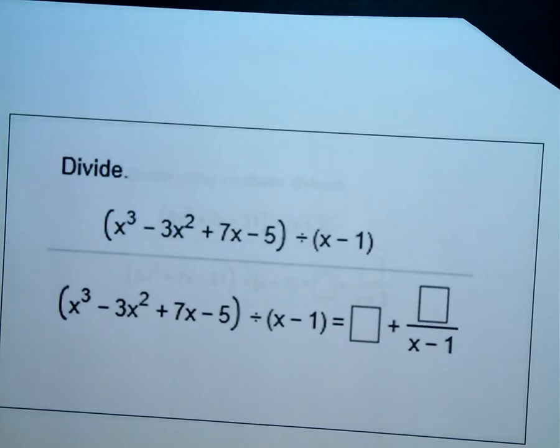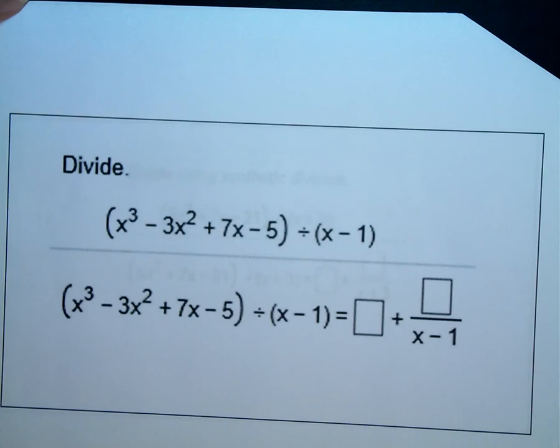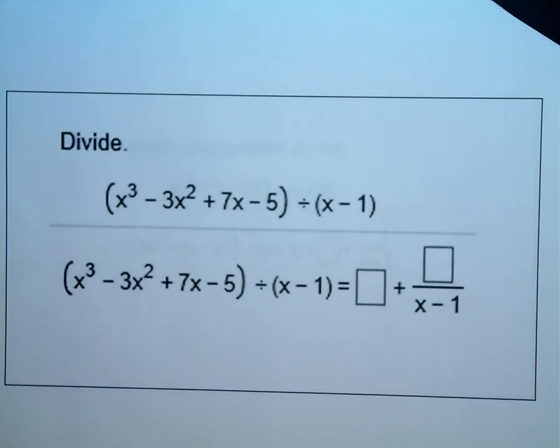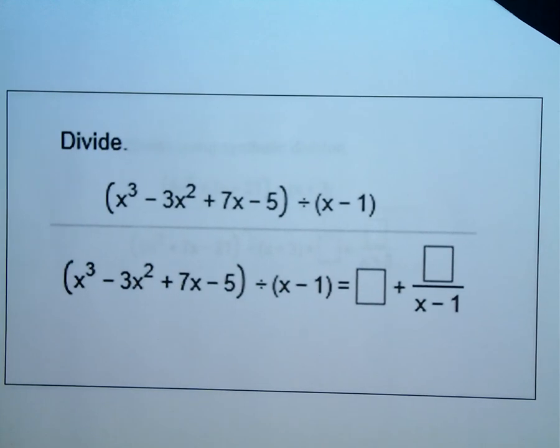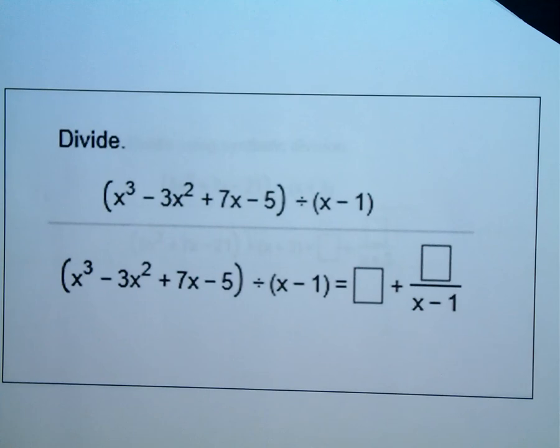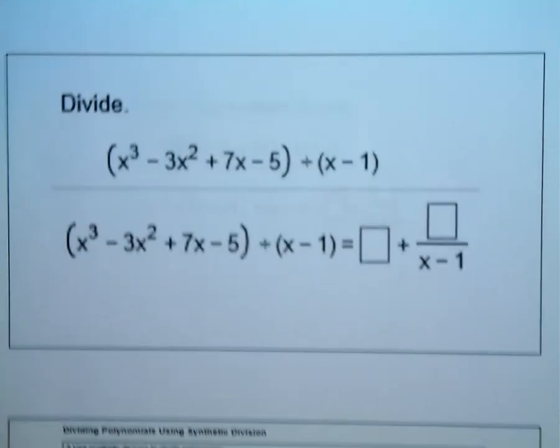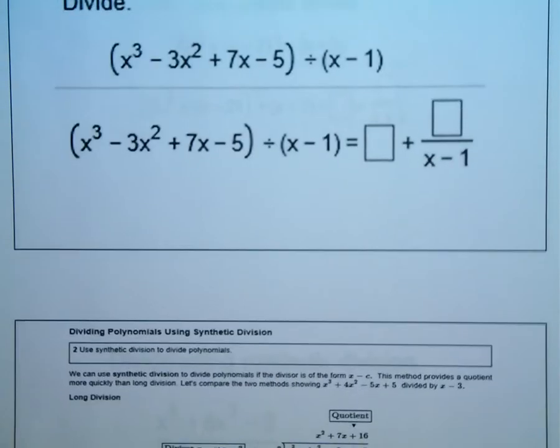So, can we do a couple? I don't know if I'm going to have enough room, but we're surely going to try. It says divide. So I have x cubed minus 3x squared plus 7x minus 5 divided by x minus 1. And then they showed me how they wanted me to put my answer.